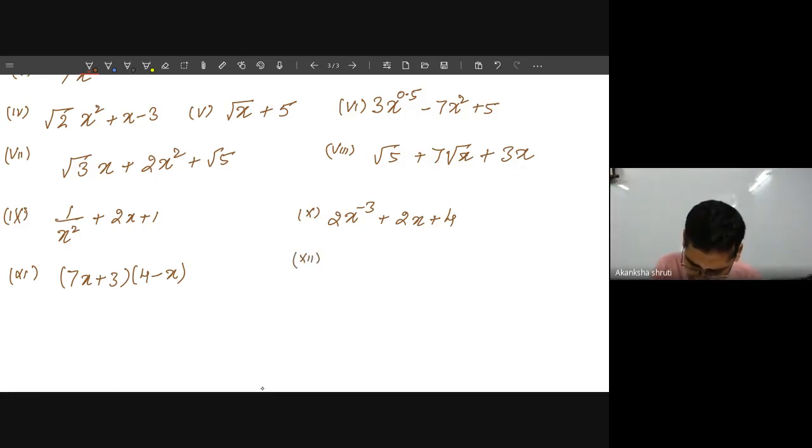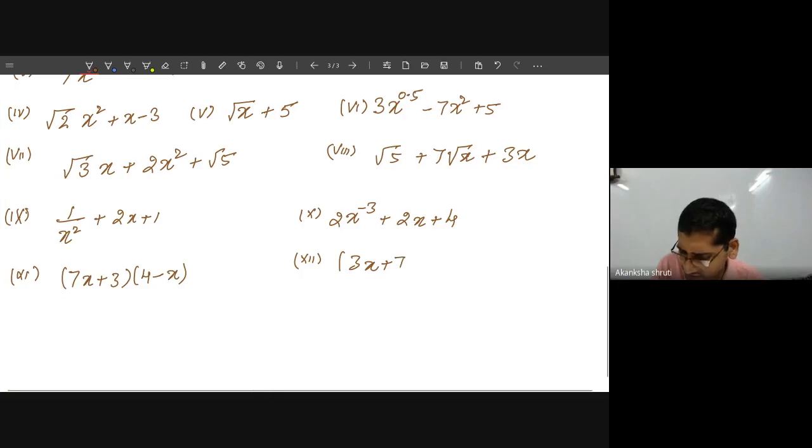The next one is 3x plus 7 multiplied with 2 plus under root of x.